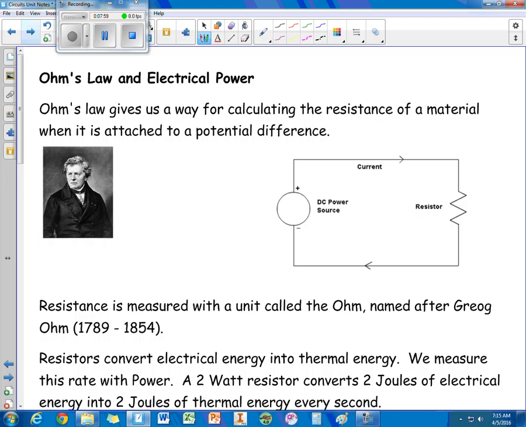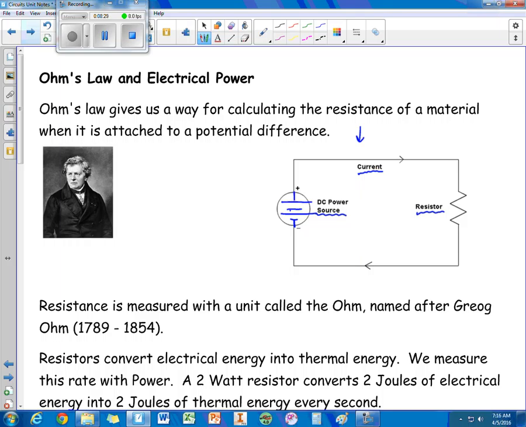So right here I have a circuit. We have our DC power supply, or some source of power. We have a current flowing through the wire, and we have a resistor. Sometimes you'll see this symbol here as the symbol for a DC power supply or DC voltage.